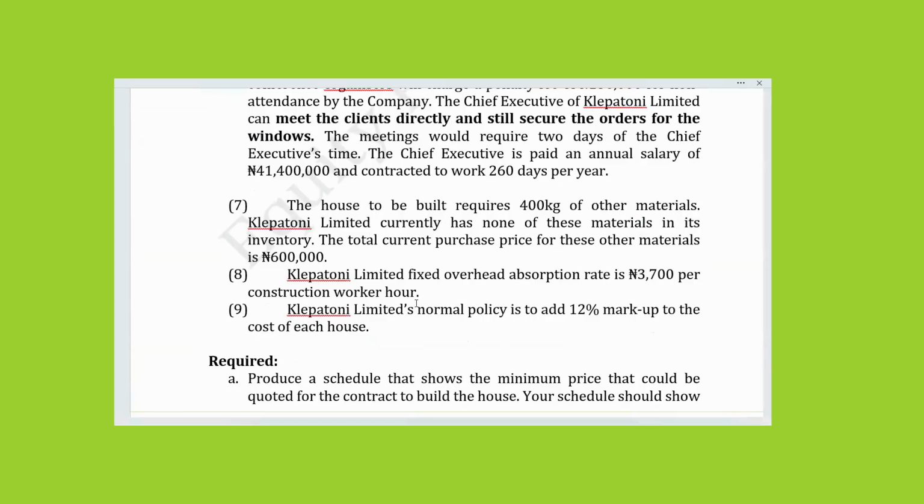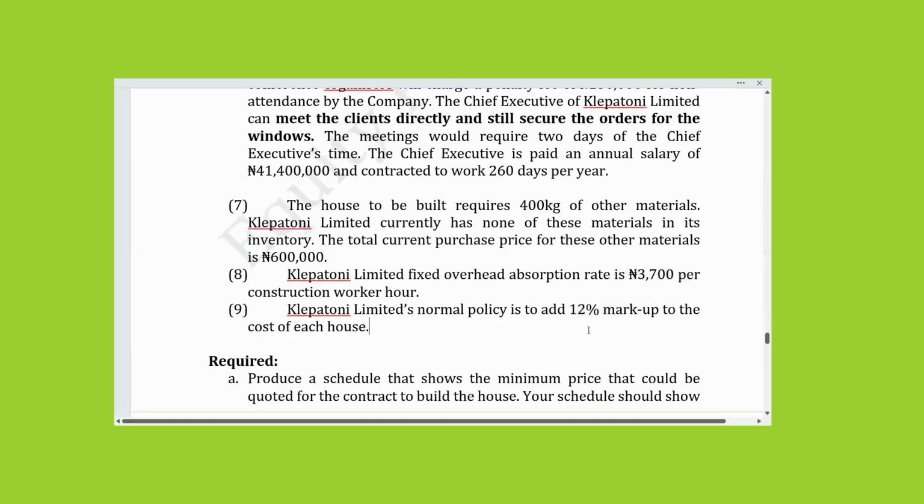You are not determining contract price. Only when you want to determine the contract price, the amount you are going to charge a customer, can you include the markup to the total cost. So as far as this question is concerned, if you include the profit markup of 12%, you are going to get it wrong.